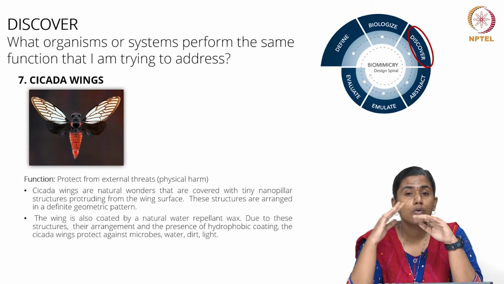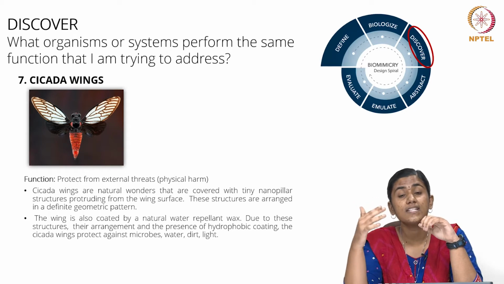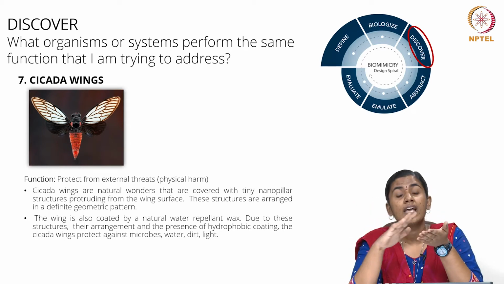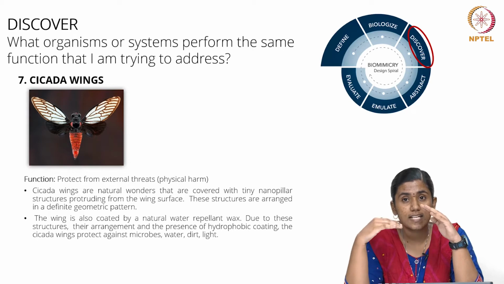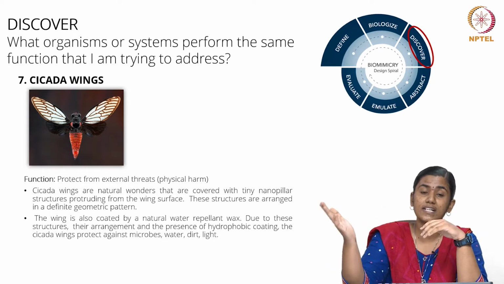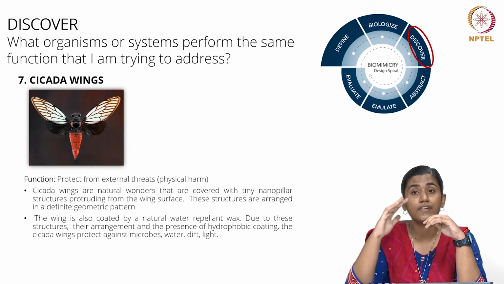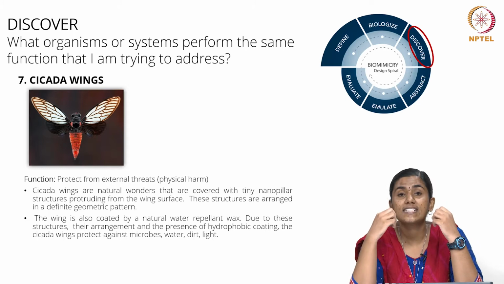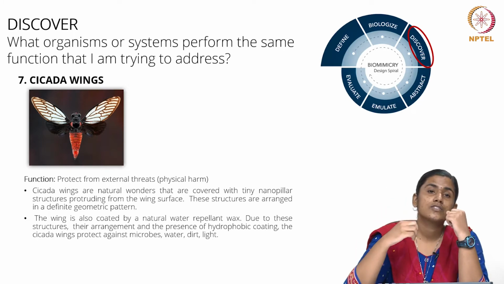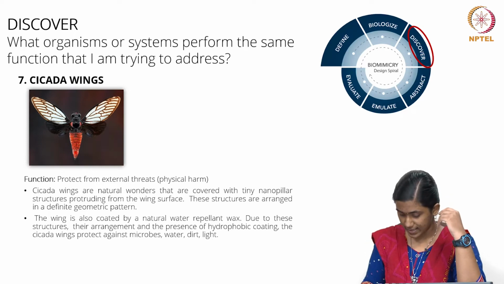And they are also coated with a natural wax-like material which is water repellent, making them hydrophobic, and this prevents settling of dirt on the wings. And also due to the arrangement of these nanopillar structures, the wings are able to deflect light. So it makes the insect's wing free of glare and helps it in escaping from predators. So this is the mechanism that has been used by the cicada insect.